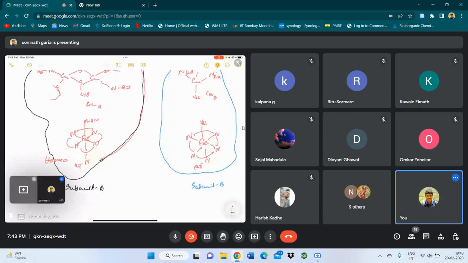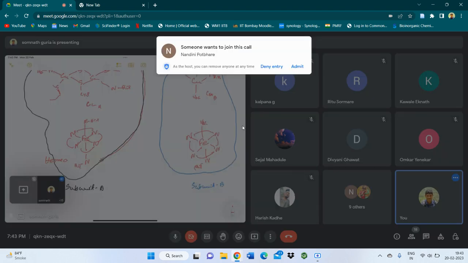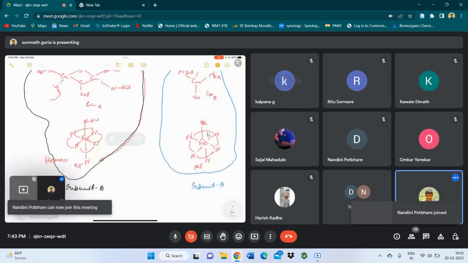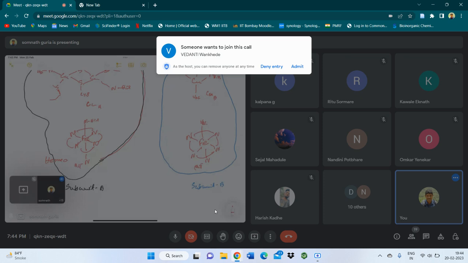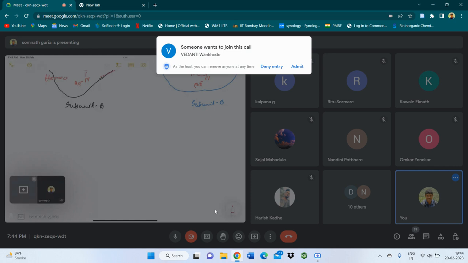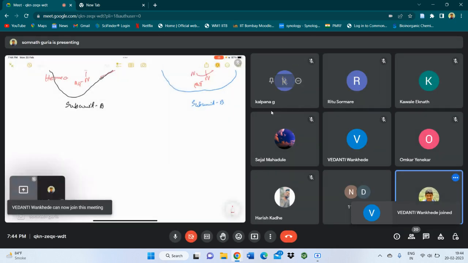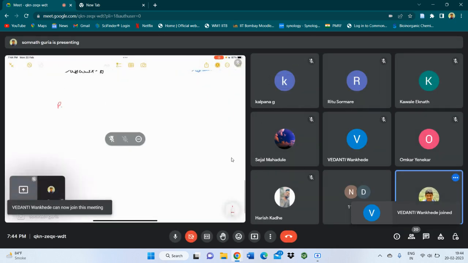So initially in the relaxed state, iron is iron 2, copper is copper 1. So I'm drawing the iron and the copper.